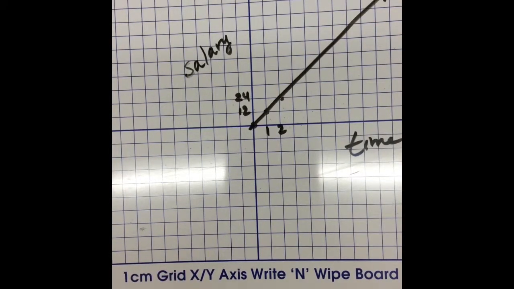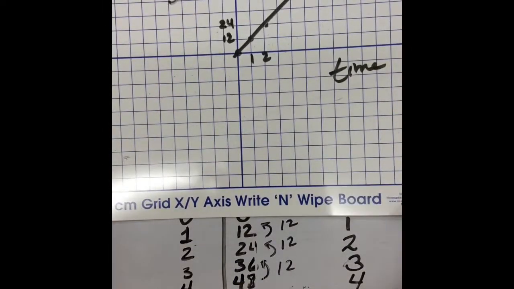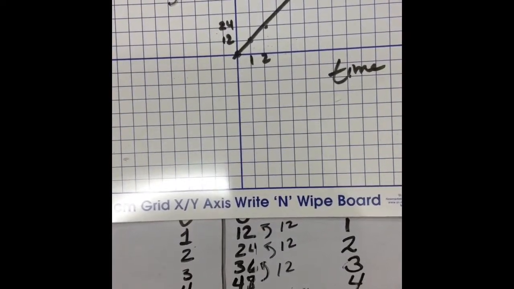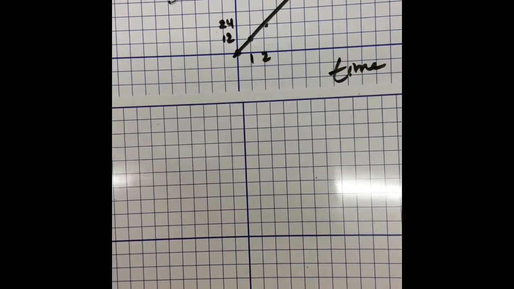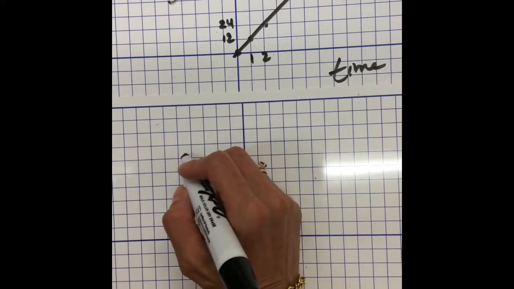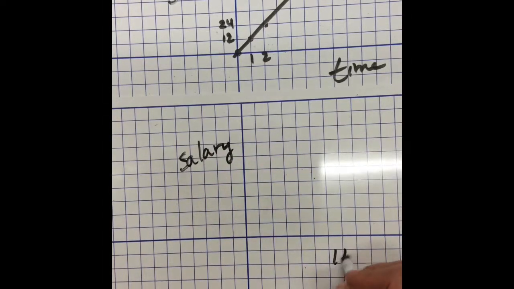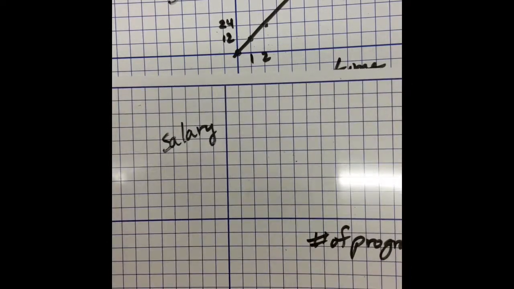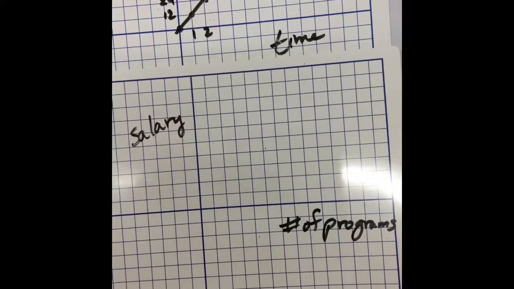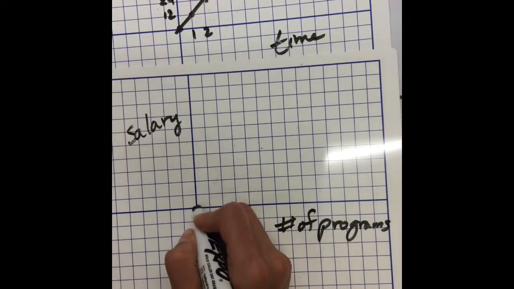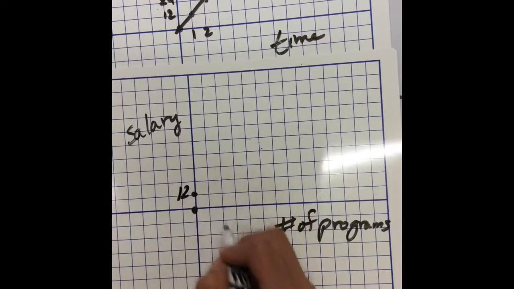Okay? All right. Now, if I want to use a similar grid, and I was going to put the other one over here. Now, this time, this is salary again, but here we have number of programs. And what we had for this one is a bit different. At 0, he made $12, right?